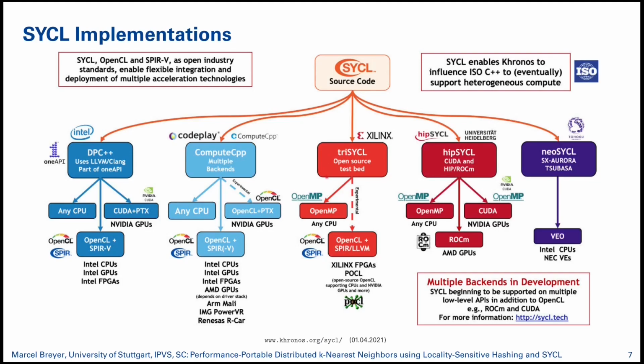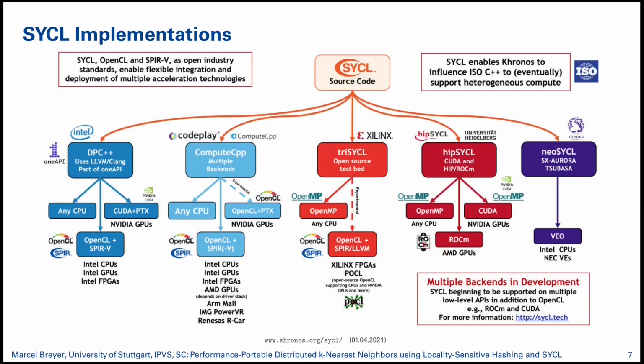triSYCL sees itself as testbed for new SYCL features. It can target any CPU using OpenMP, and since it is mainly developed at Xilinx, it can also target Xilinx FPGAs. hipSYCL is developed at the University of Heidelberg. It can target any CPU using OpenMP as triSYCL, and it can target nvidia GPUs directly using CUDA and AMD GPUs directly using ROCm, and therefore it's currently the only implementation not relying on OpenCL as backend.